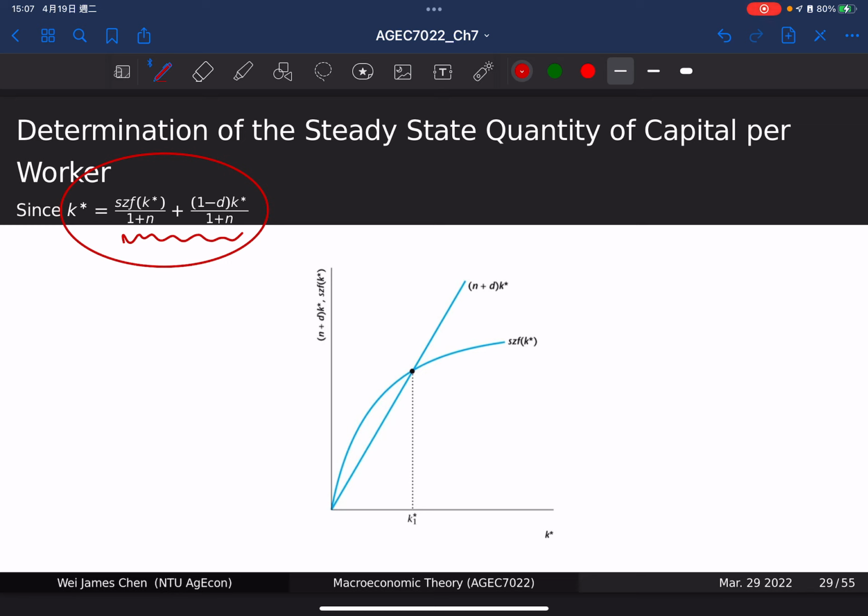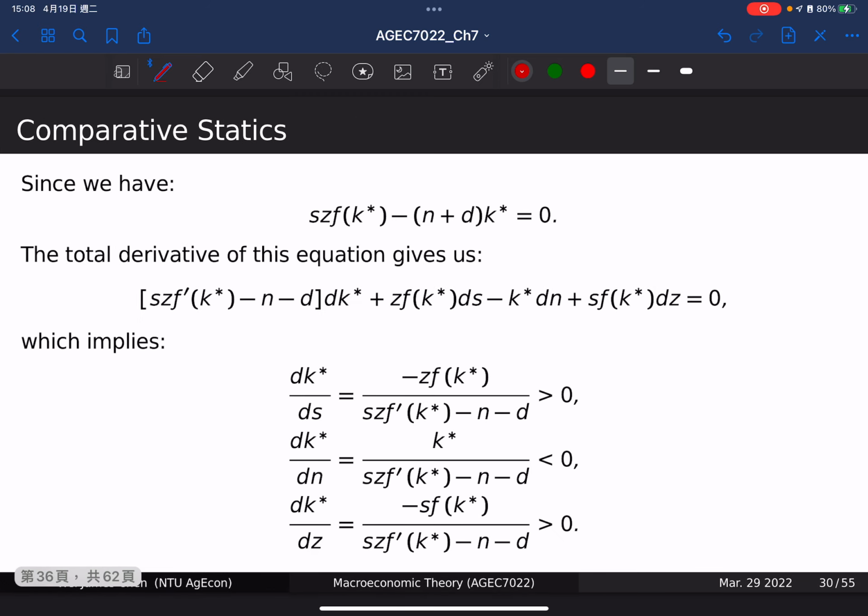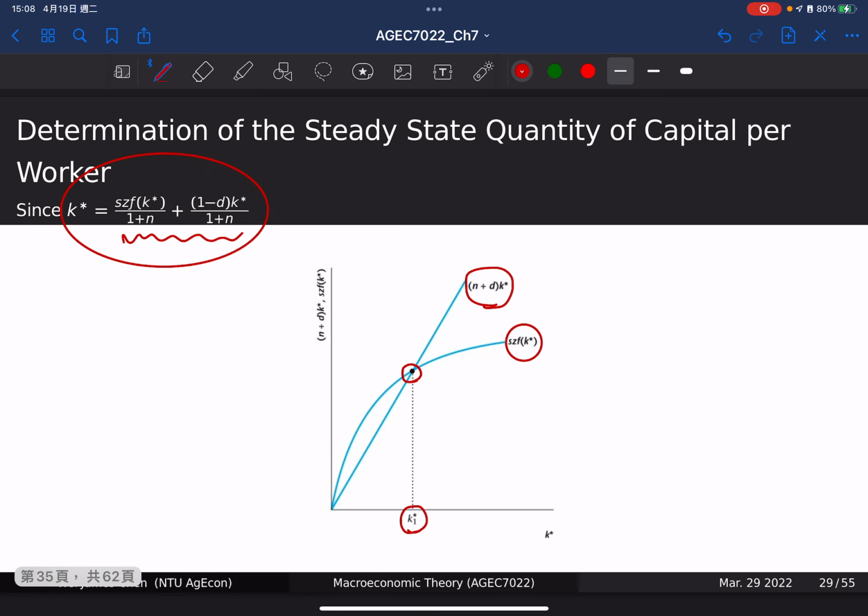One is the n plus d times k, and the other is this szf of k. And these two functions will intersect at this point. We call it k1 star. Understand what I'm doing?